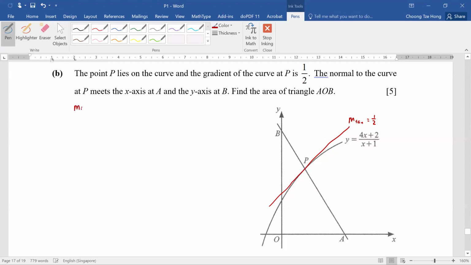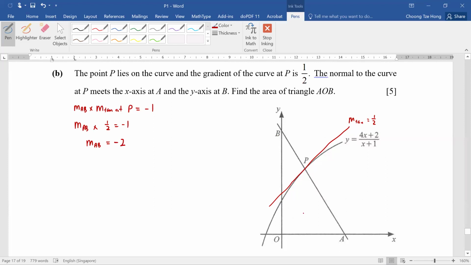Okay, so gradient of AB times the gradient of the tangent at P would be equal to -1. Okay, so the gradient of tangent at P is half, right? So now we can find the gradient of AB times half equals -1. So the gradient of AB will be equal to -2.